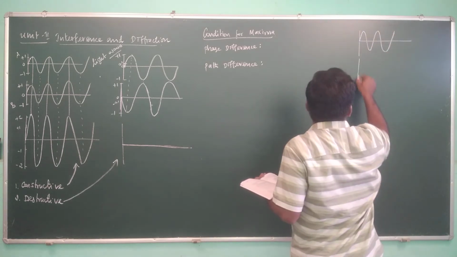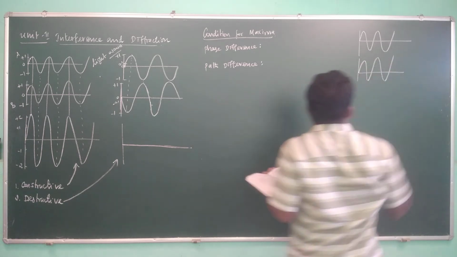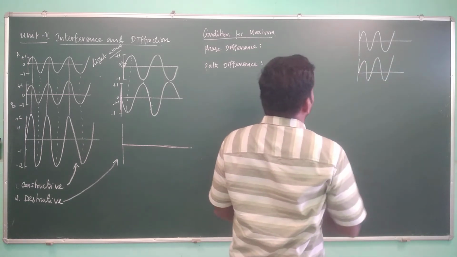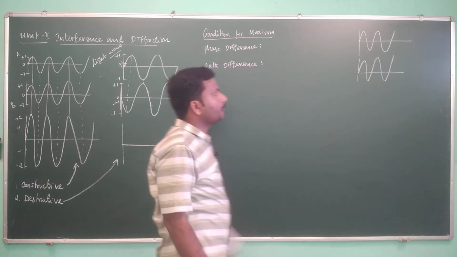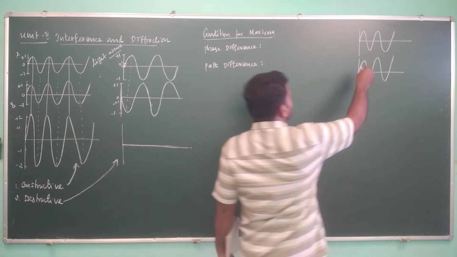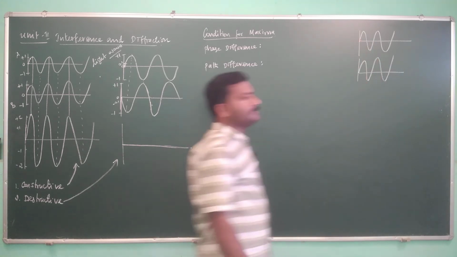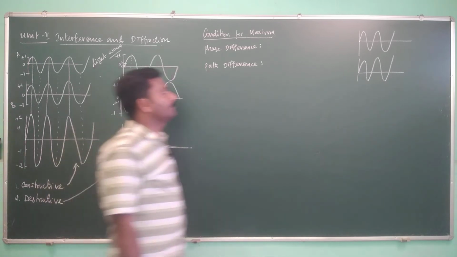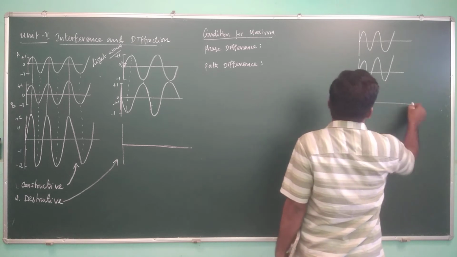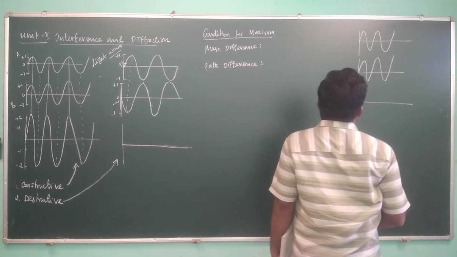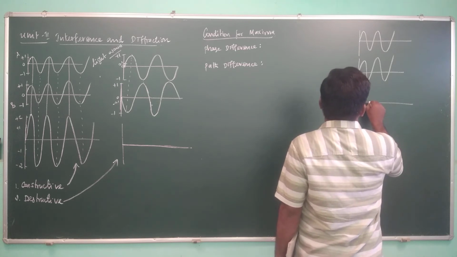This is one wave. This is another wave, right? Both waves are starting from the same place. So these two don't have any path or phase difference. Both are starting from the same point. Now let us have another wave, a third wave, which is starting from this point.